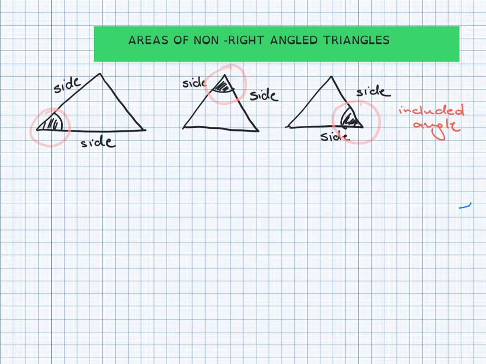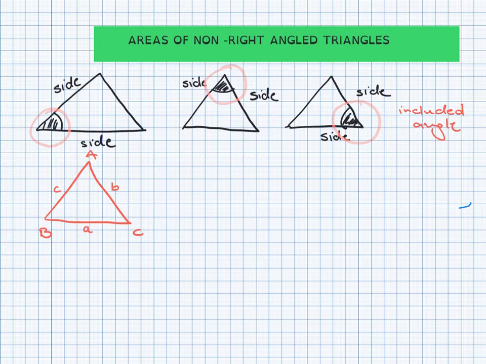Now, sometimes we struggle to remember some of the formulas. So before I give you the formula, I'm going to go through how this formula is constructed. If this is a non-right angle triangle, let's label it A, B, C, and the respective sides will be labeled small a, small b, and small c.